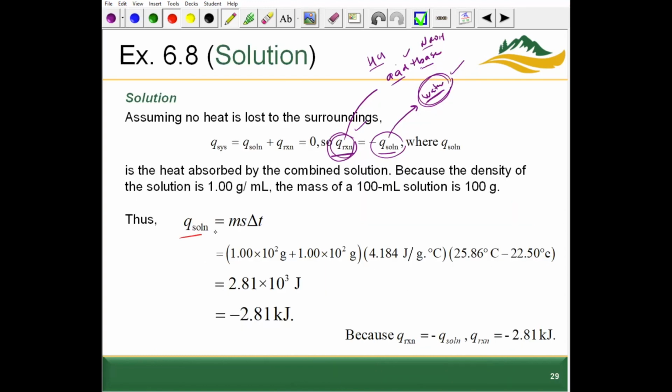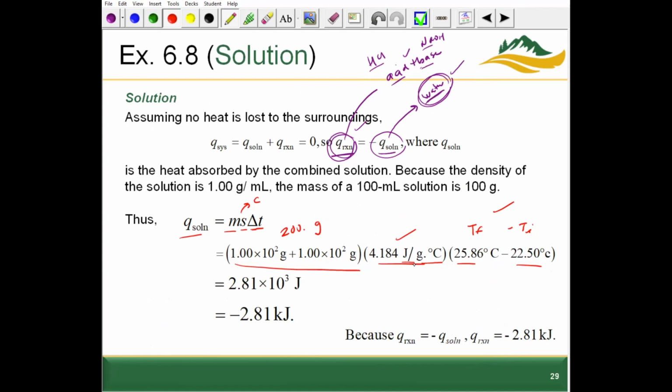So Q of the solution is mc delta T. Delta T is T final minus T initial, so we plug in these two temperatures here for delta T. The specific heat capacity of water and for the solution is 4.184 joules per gram degrees C. Then this mass again is 200 grams.